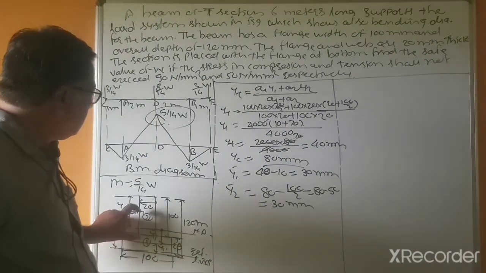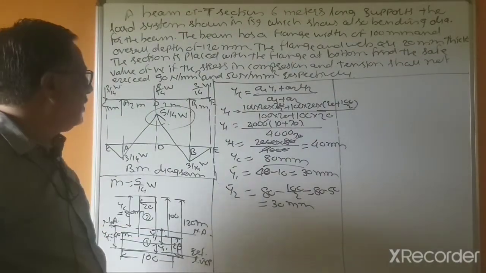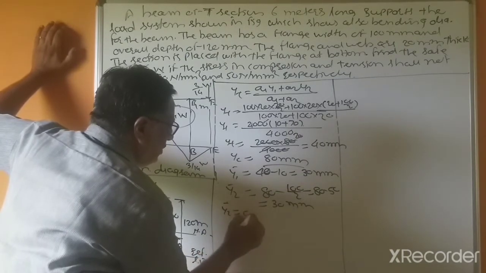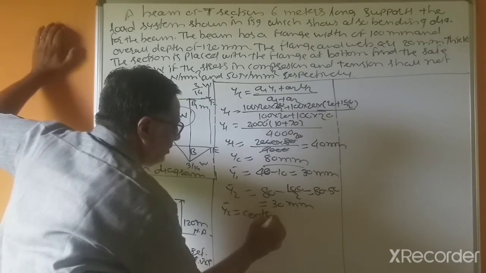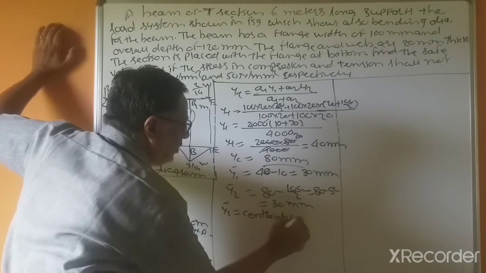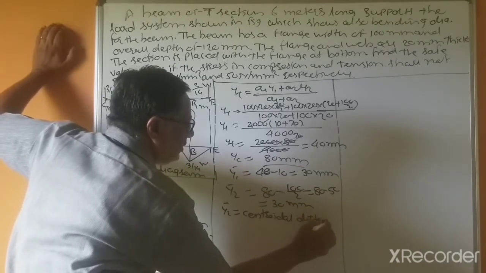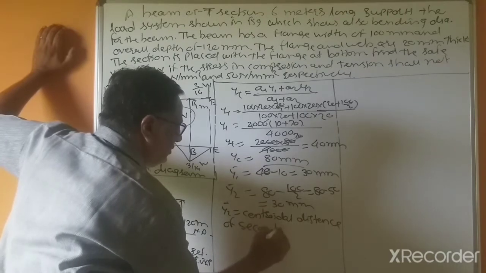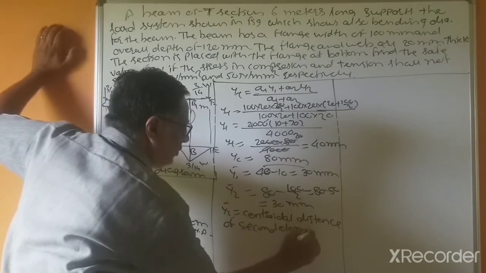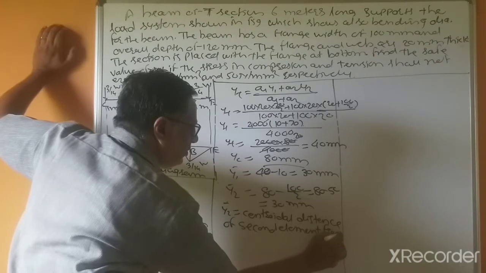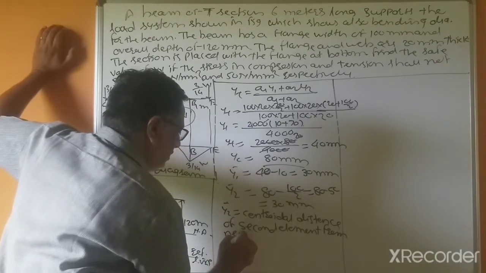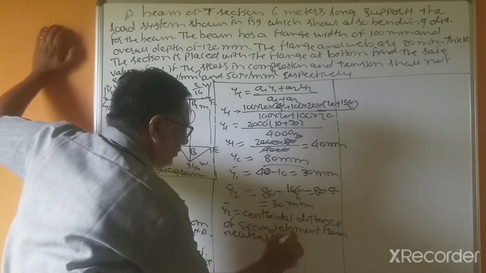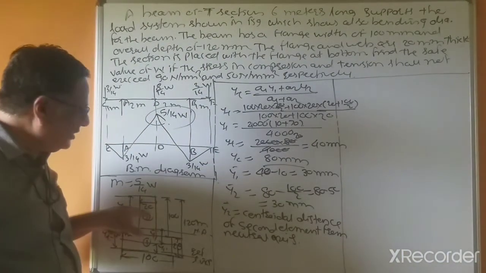So y2 dash equal to the centroidal distance of the second element from the neutral axis. So centroidal means it's the center.